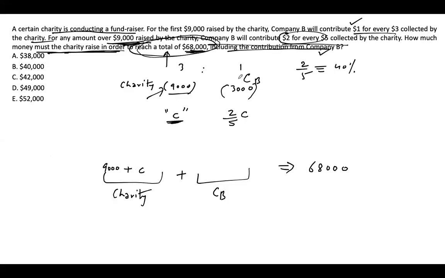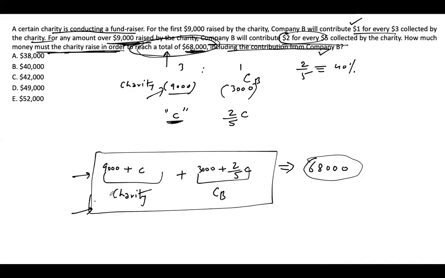Similarly, the contribution by company B would be 3,000 plus 2/5 C. This 68,000 equals the amount raised by the charity plus contributions by company B. So 12,000 plus C plus 2/5 C, which is 7/5 C.